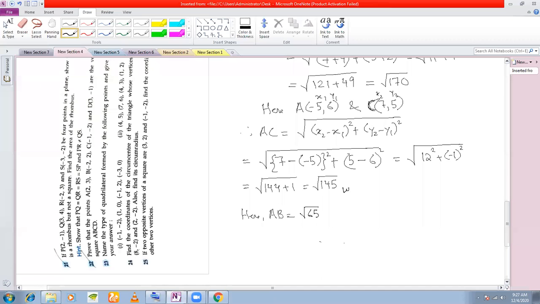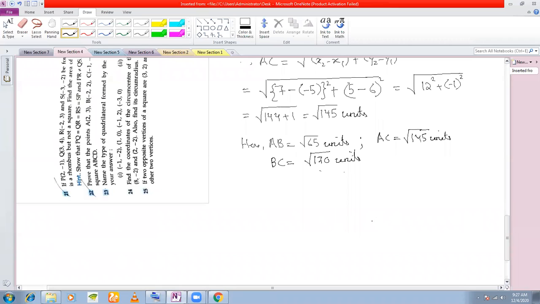AC we have got root 145 units, and BC we have got root 170 units. So what you see is that all the sides of this triangle are unequal. Okay, that makes it a scalene triangle.